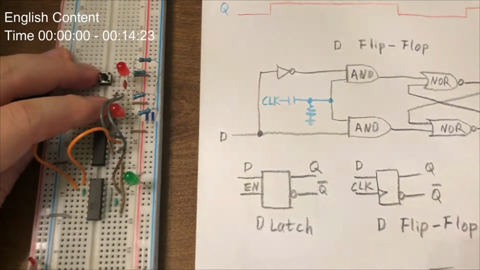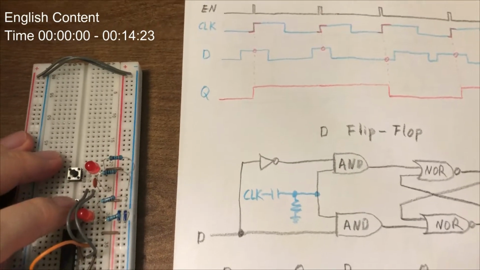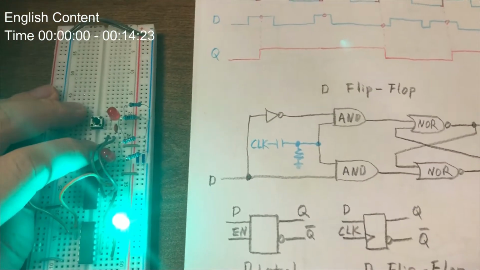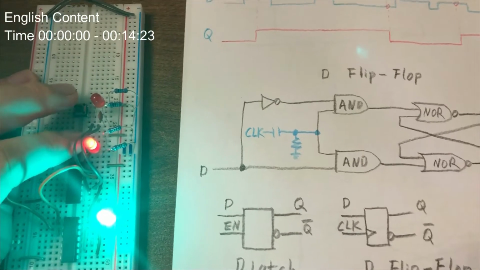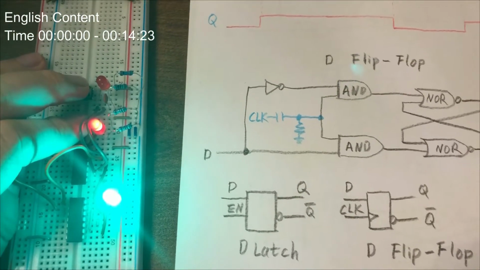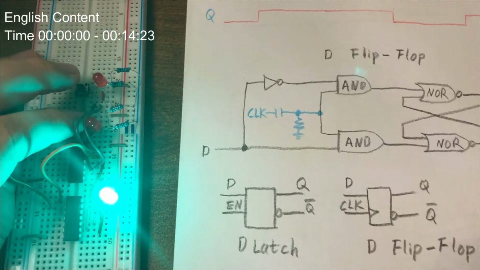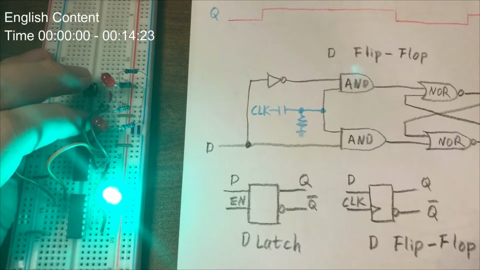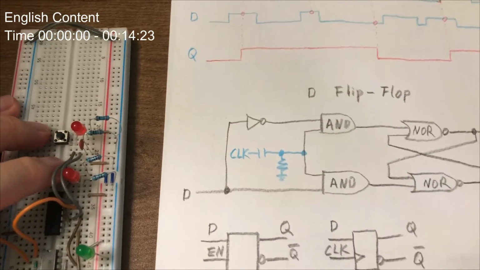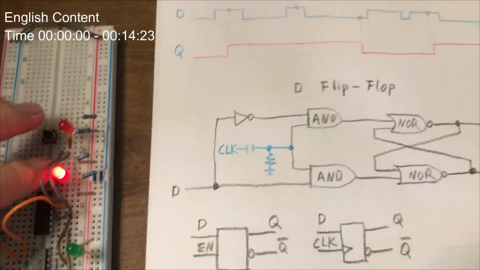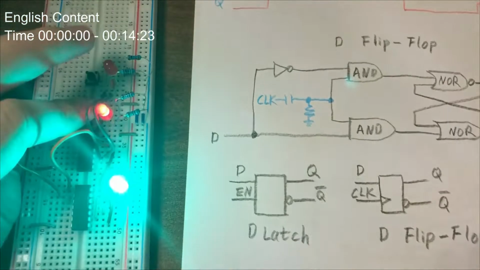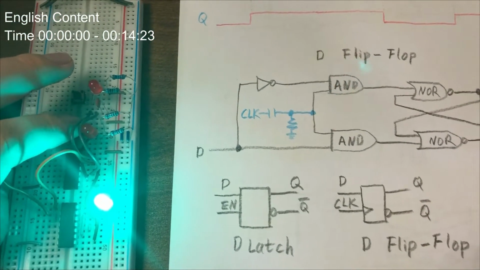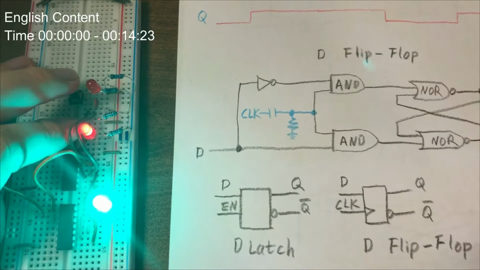Here we have it. When we push the D, we will have its signal, and in the meantime, when the D signal, the digit signal, is high and the enabling clock is a very short time, it will store the data. Let's do it again.